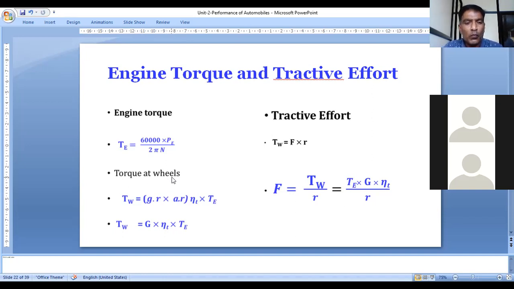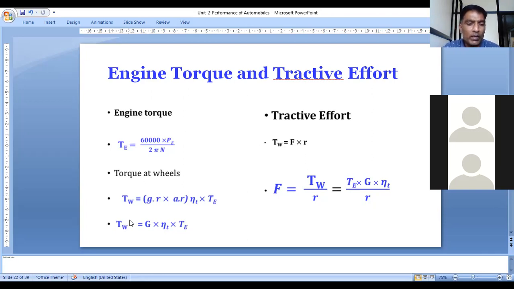Then torque at wheels. How to find torque at wheels? For that, this one is the relation. Whatever output divided by input, that is nothing but the efficiency. So basically, based on the transmission efficiency and whatever gear ratio, whatever axle ratio, we are going to get the torque available at the wheels.